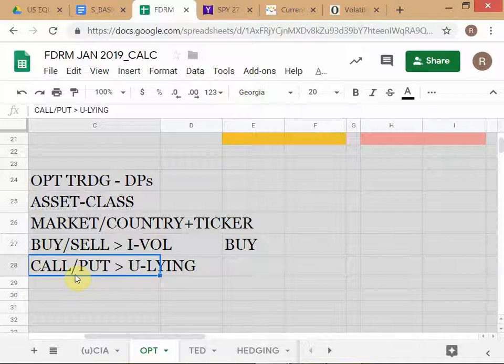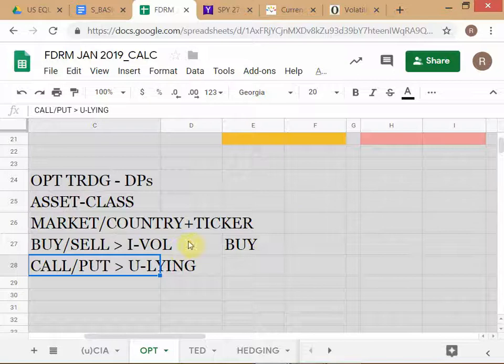Now this decision problem is solved by taking a view on the underlying. Just like the previous one is solved by taking a view on the eyeball, here again I have to take a view on the underlying. But it is not necessary that the index should be directly correlated to the underlying asset. Which index are you talking about? Sir, the VIX, the volatility index.